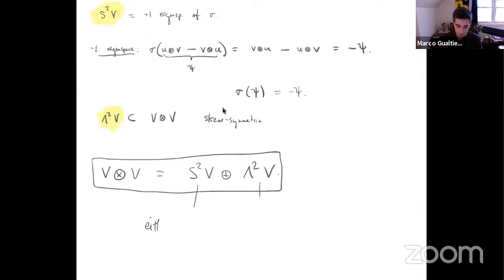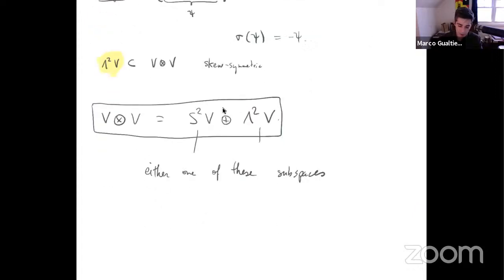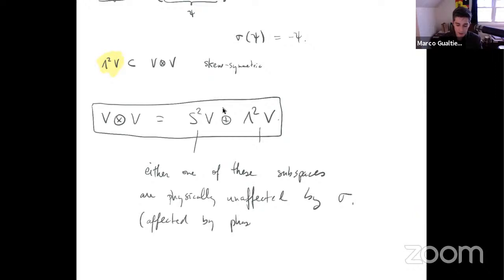Either one of these subspaces is physically unaffected by sigma, because they're only affected by a phase, in this case plus or minus 1.